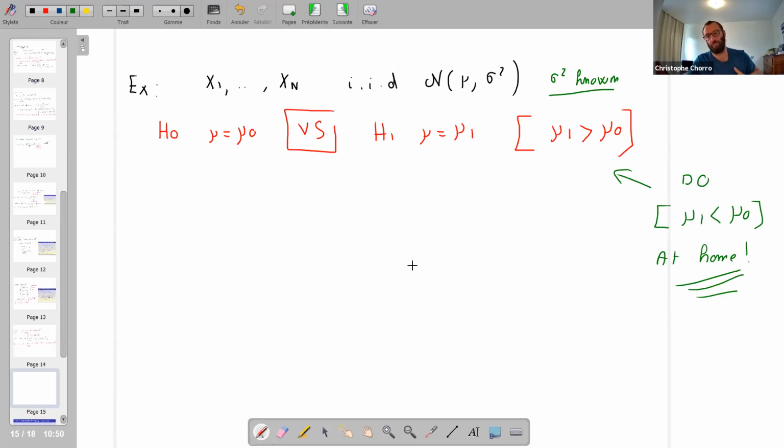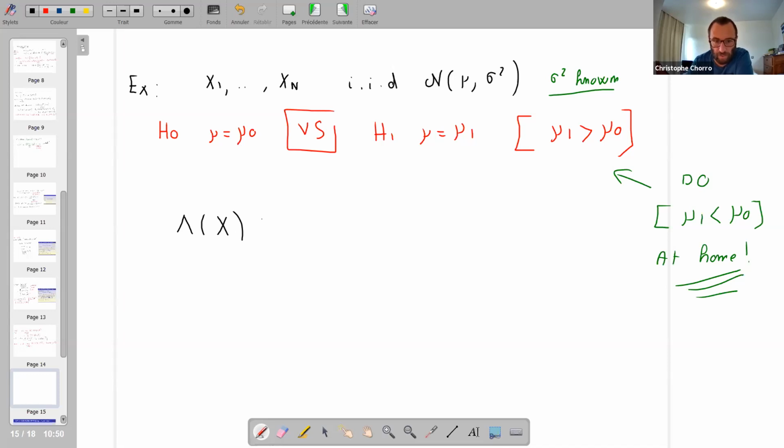So I have done things in the first video of the course, when I obtained something that was in relation with the sample mean and the parameter mu 0. So let's do the job using what I have just introduced. I'm interested in delta of x. So what is delta of x in this situation?